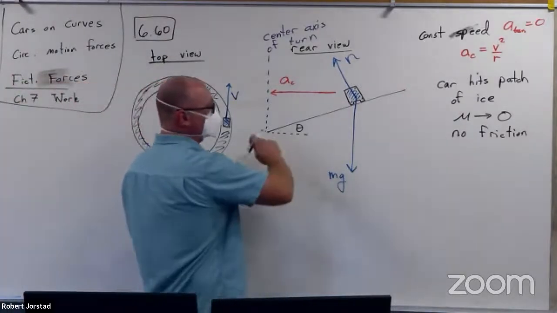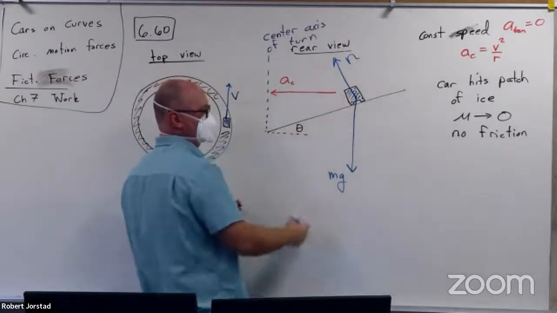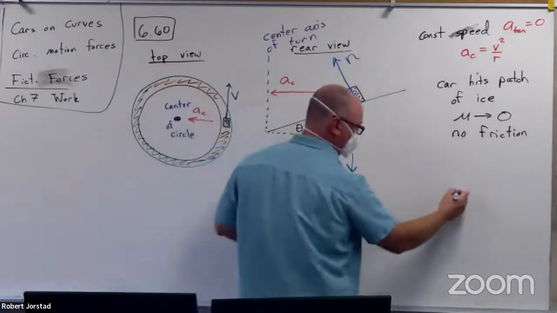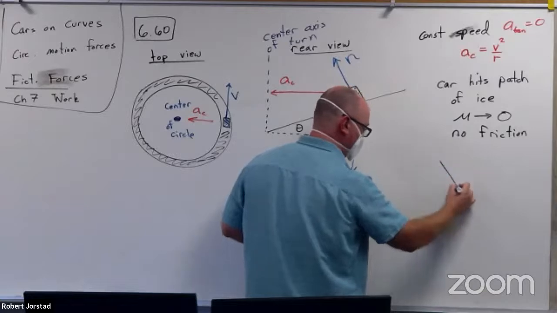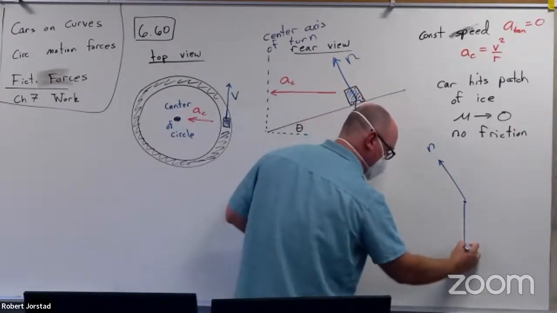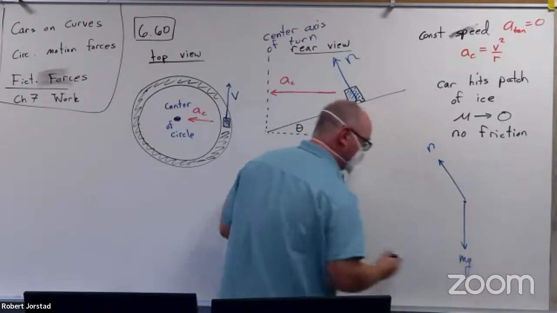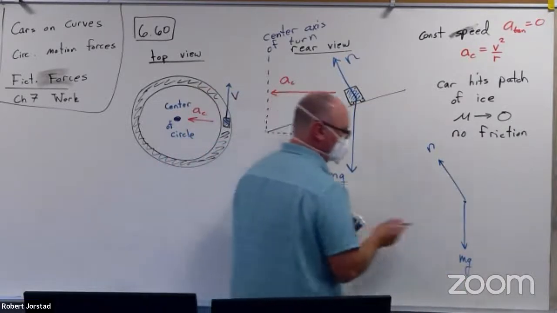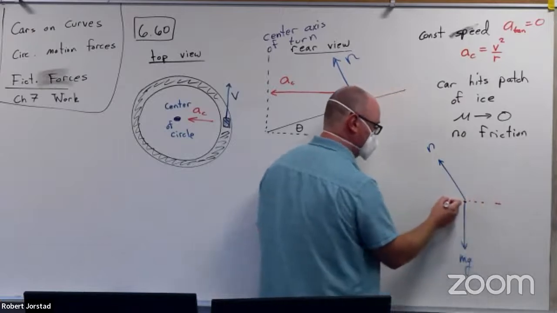Okay. Technically, this is not a free body diagram because I still have the road in there. So I'm going to draw it a little bit over here. There's a normal force up. There's mg down. And then we're going to use a normal XY coordinate system like this.